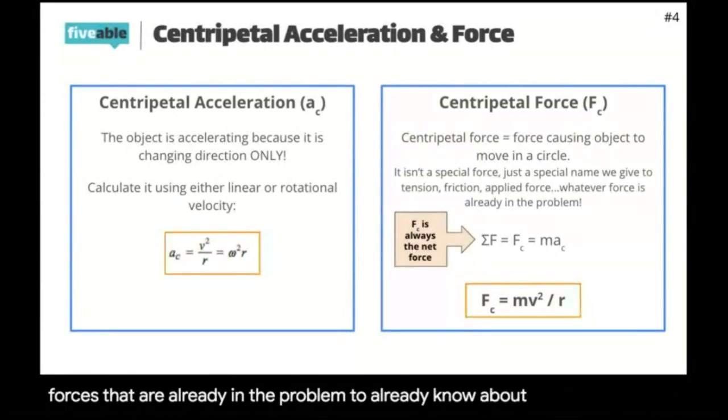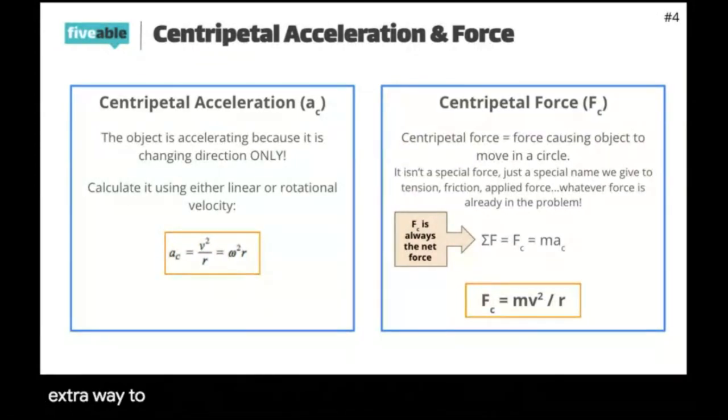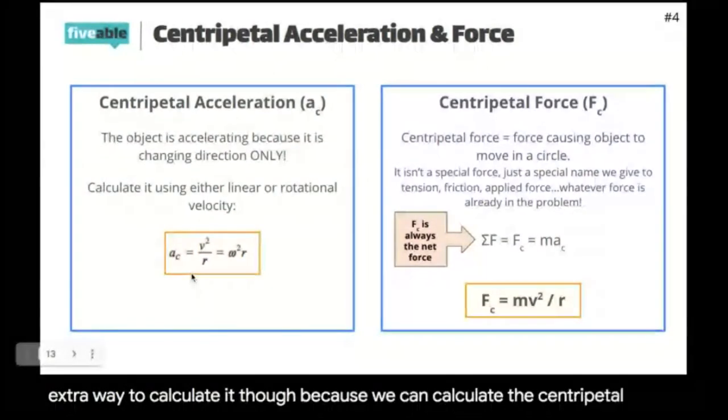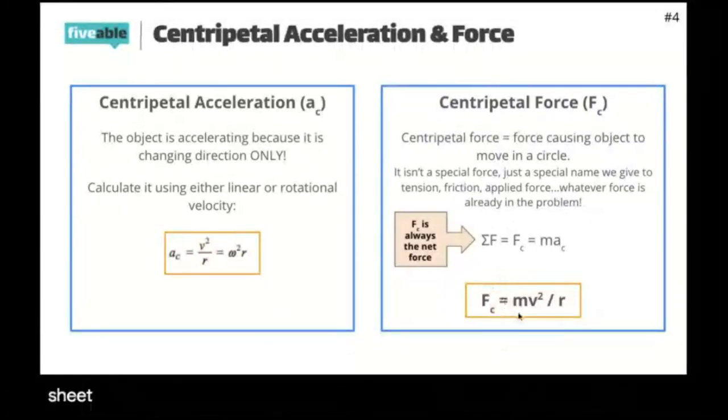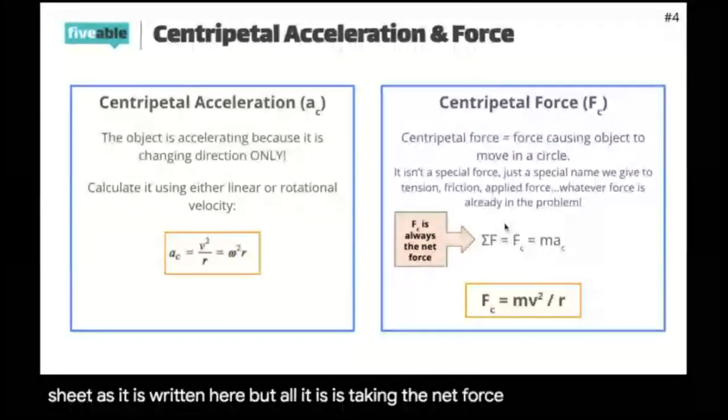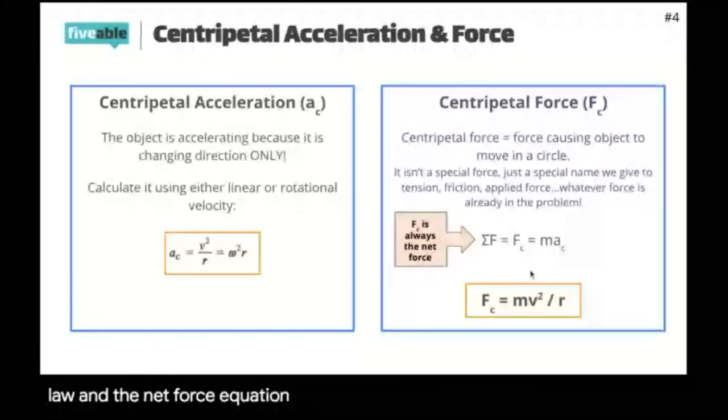We do have an extra way to calculate it, though, because we can calculate the centripetal force with this extra formula. This formula is not on your equation sheet as it is written here, but all it is doing is taking Newton's second law and the net force equation, and plugging in the centripetal acceleration.